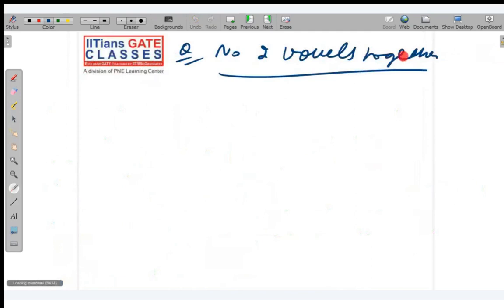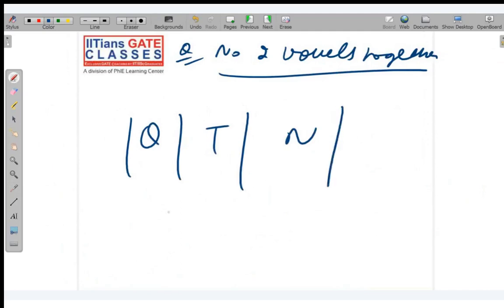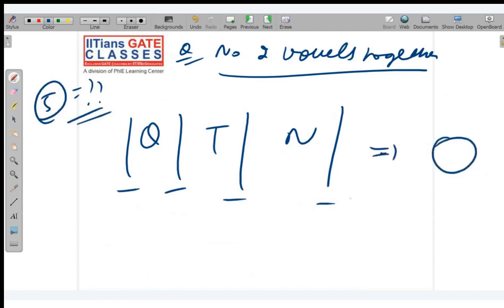Like this, for no two vowels together, first I will arrange the consonants Q, T, and N. They will create how many places? 4 places. And how many vowels are there? 5 vowels. So on the 4 places, how will these 5 vowels sit? Not possible.